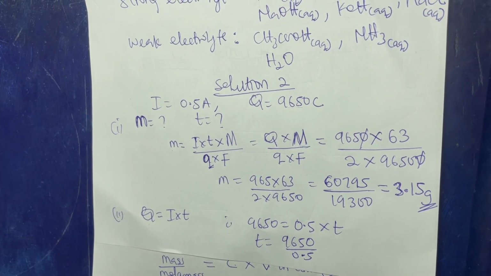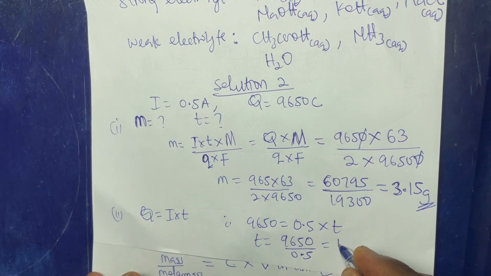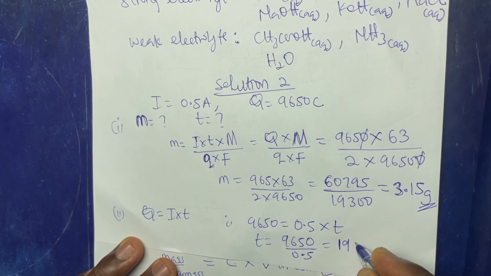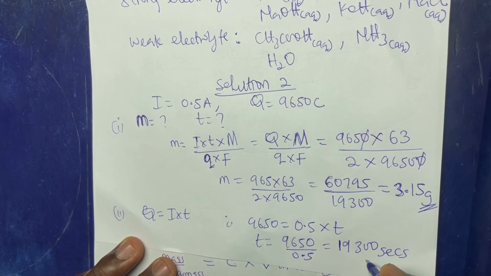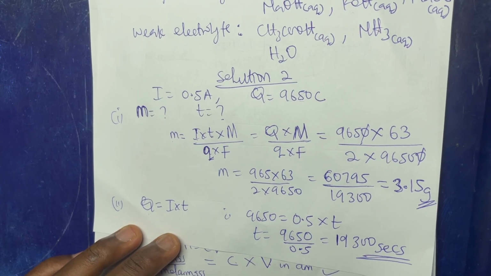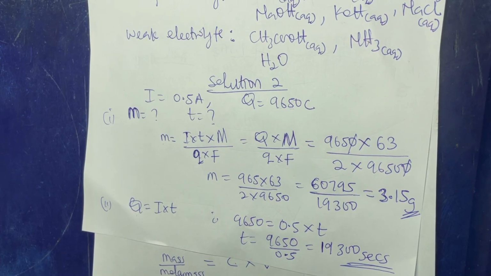So if I do that division, then I will be getting 9650 divided by 0.5, and that will be 19,300 seconds. So that will be my answer.